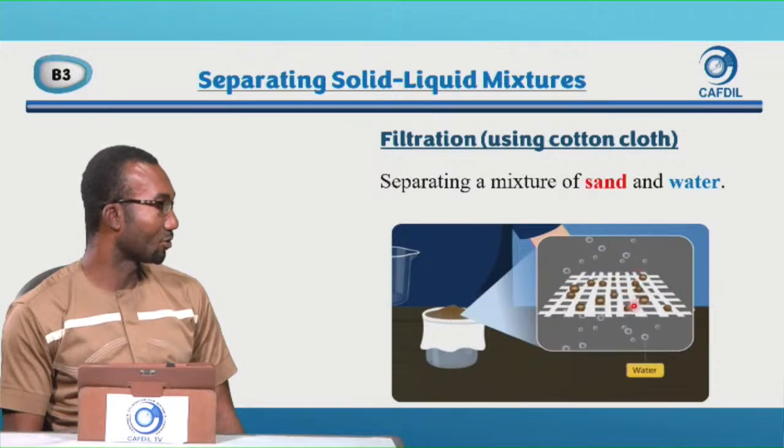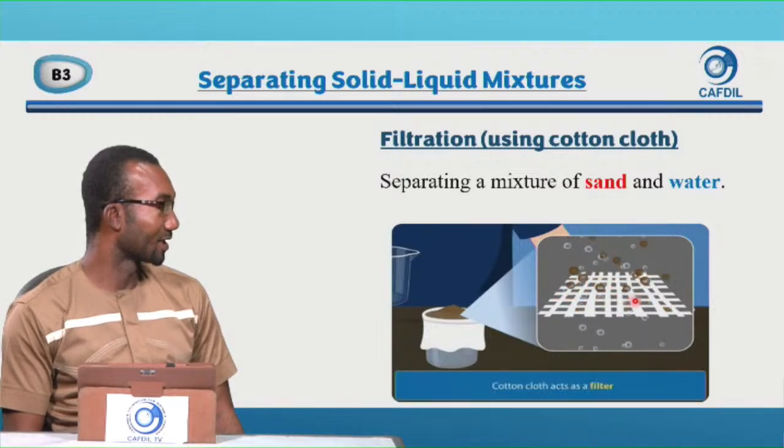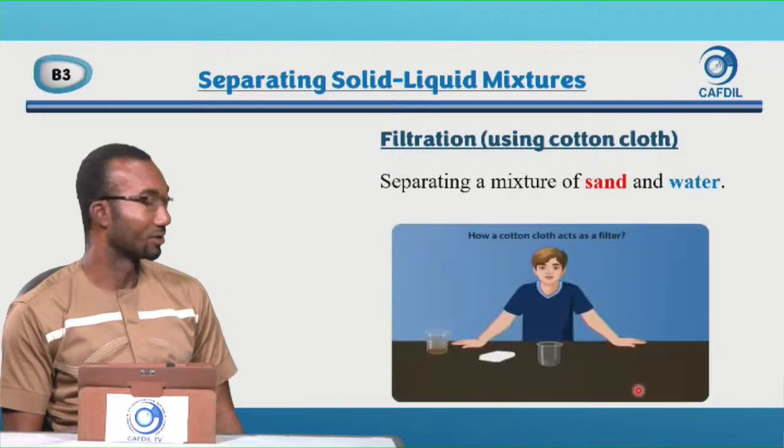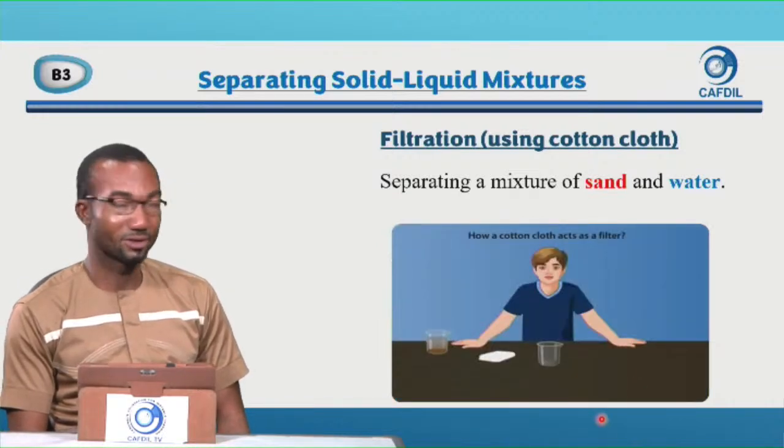So you see that the water will be passing through the holes of the cotton cloth, and it will stop the sand from passing through. So you see the sand on top of the cotton cloth, whilst the water will be passing through. So this is how you use the cotton cloth also.